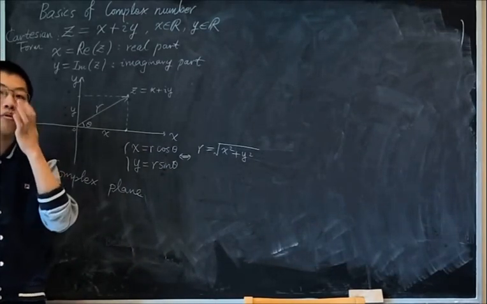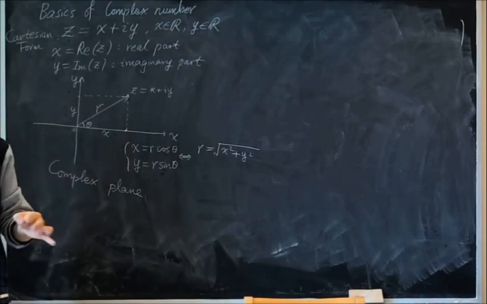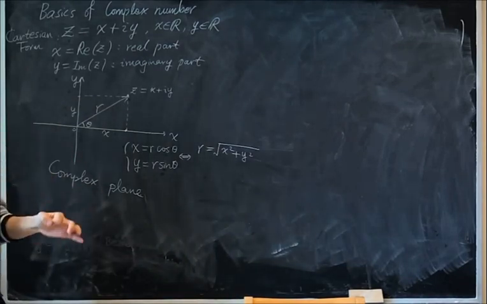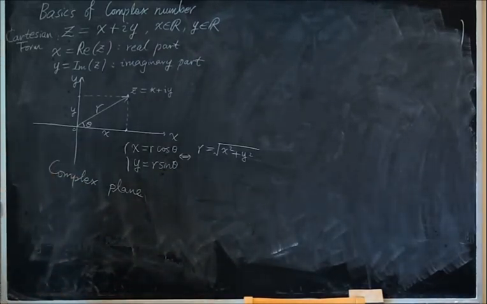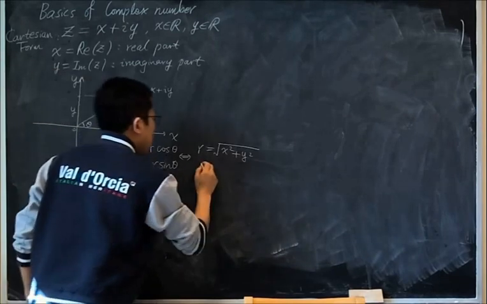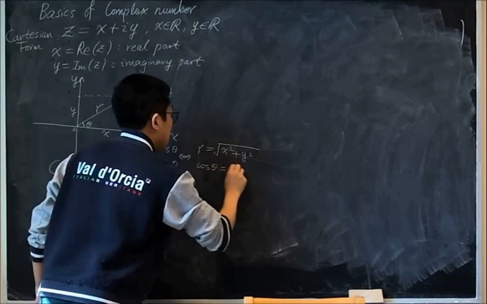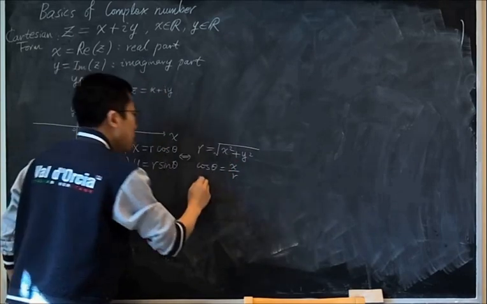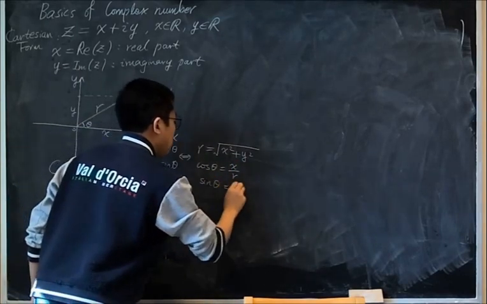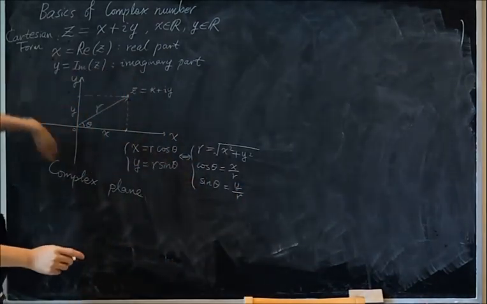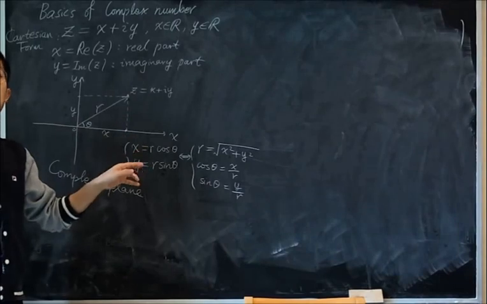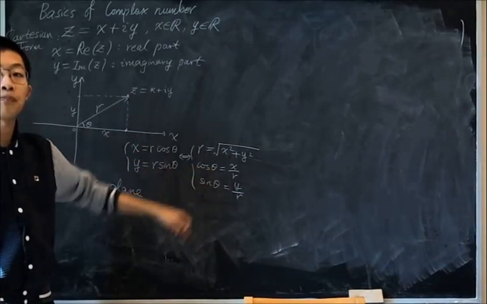That's because if tangent of theta is a given value, theta could still differ by 180 degrees or pi radians. So I think a better way is to write cosine theta equals x over r, where r is defined here, and sine theta equals y over r. In this case, if you are talking about only one cycle, like between 0 and 2 pi radians, this theta is uniquely determined.